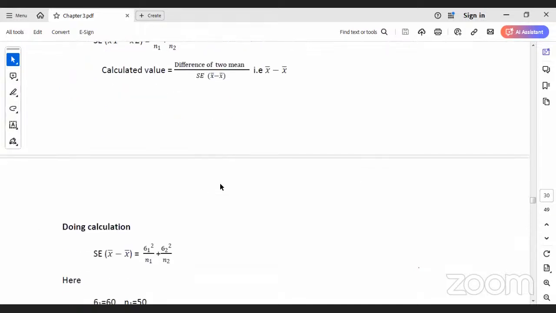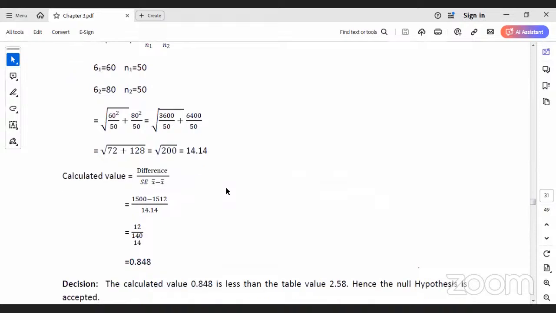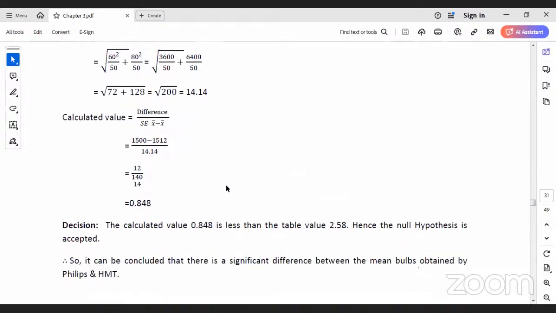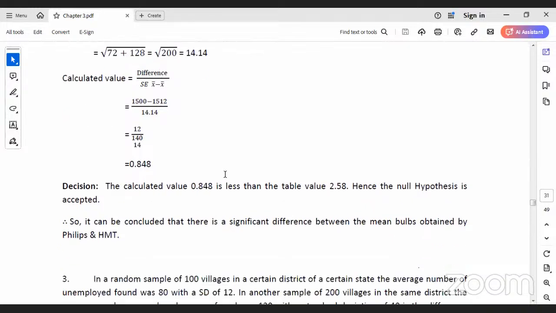That is 12 divided by 14.14, which is equal to 0.848.